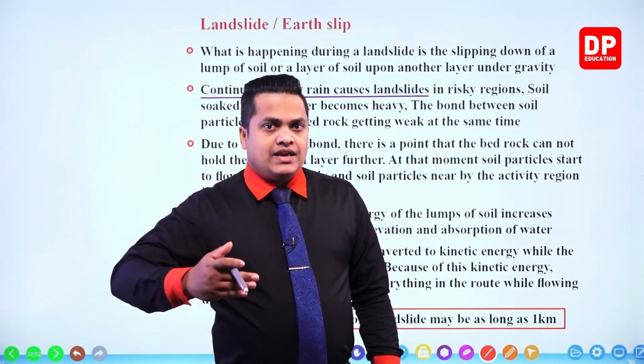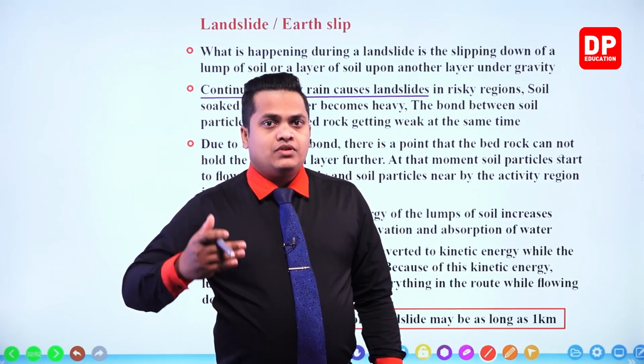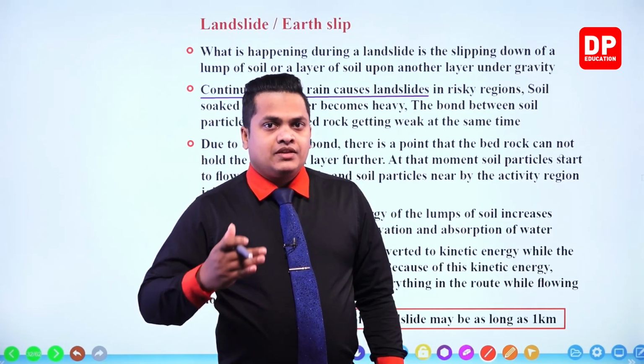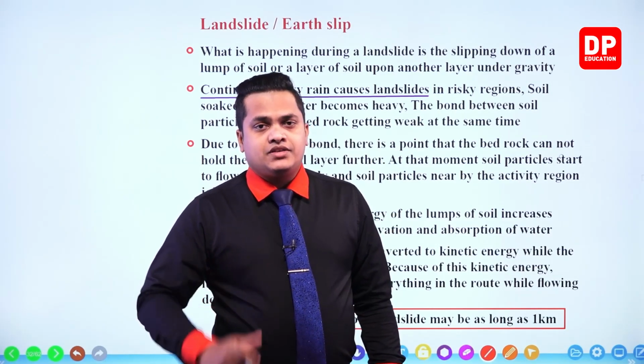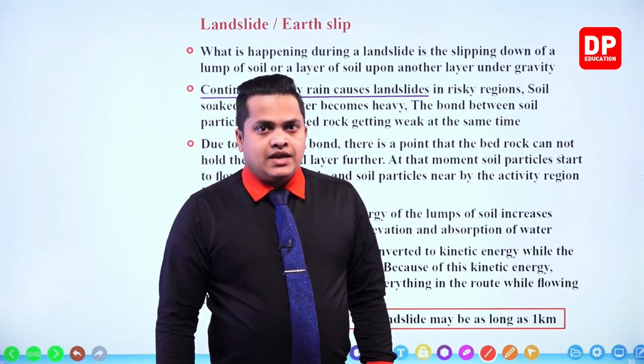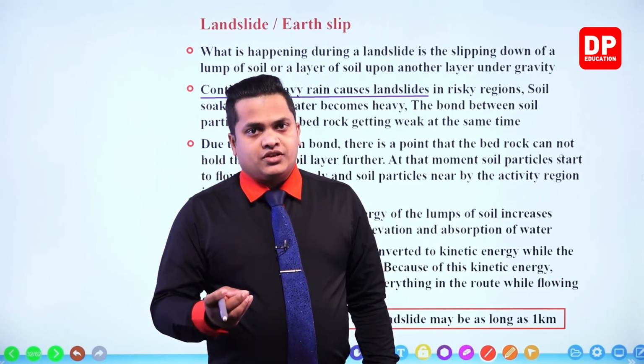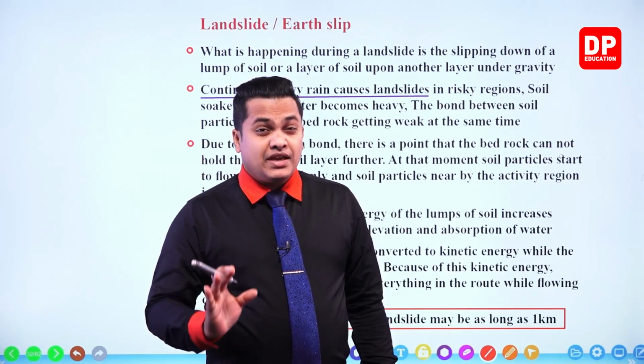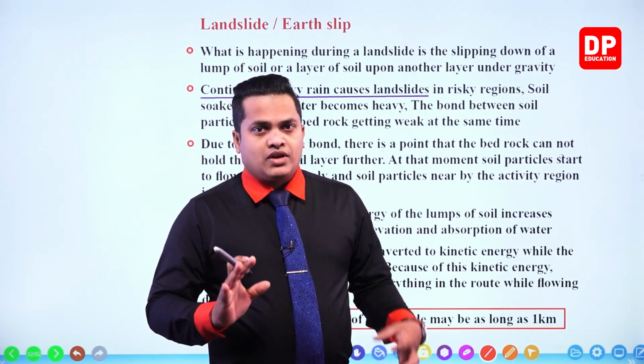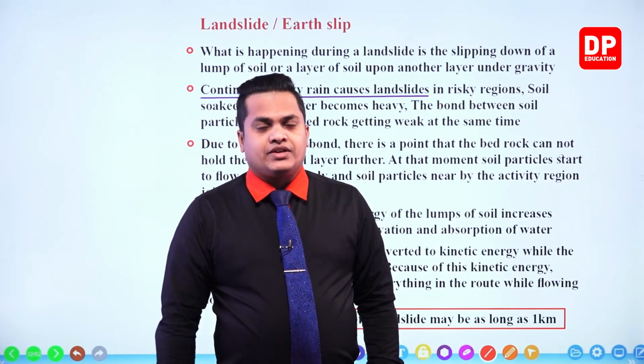So when the soil layer is coming down, the kinetic energy is going to increase, and because of increasing kinetic energy, the velocity or the speed of these soil particles is also going to increase.